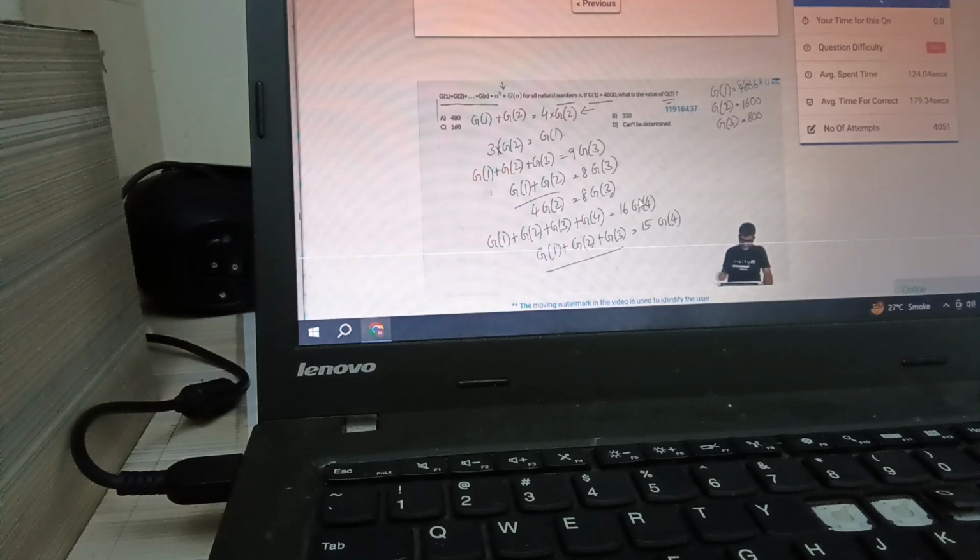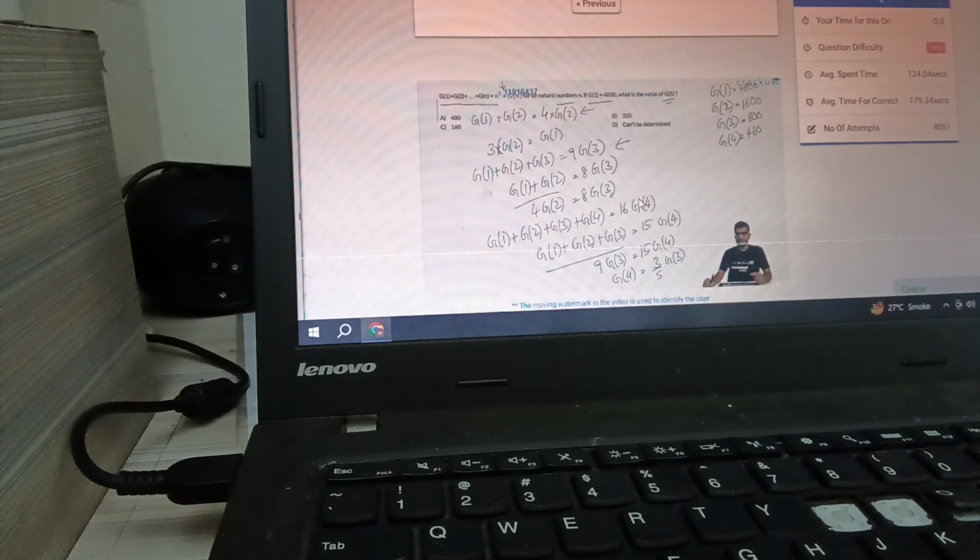But what is the value of g1 plus g2 plus g3? This is equal to 9 times g3. So 9 times g3 is equal to 15 times g4, or the value of g4 is equal to 9 by 15, that is 3 by 5 times g of 3. So g of 4 will therefore be equal to 480.